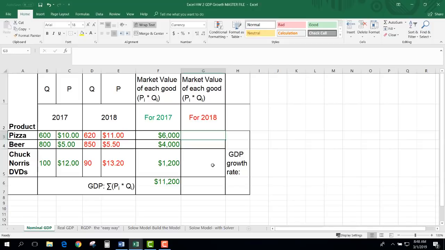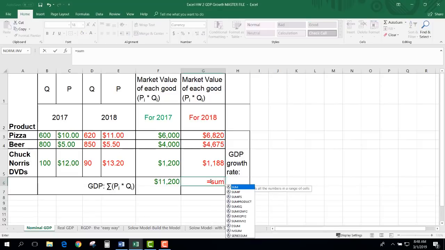For 2018, it's going to be the price times the quantity for 2018. So I'm just using the cell references there, just using a basic formula. 68.20 worth of pizza, 46.75 worth of beer, 11.88 worth of Chuck Norris DVDs, and then you can do equals sum here of those 3 values.